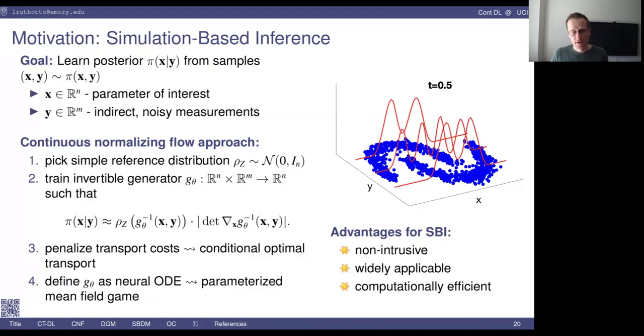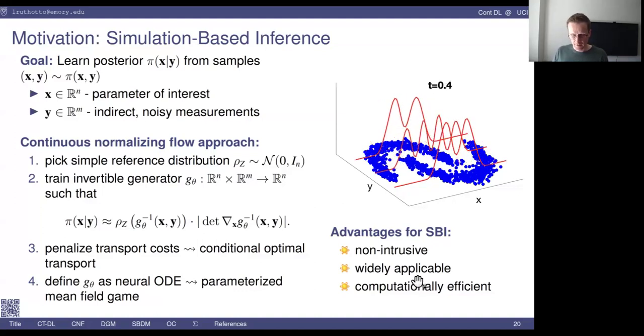You can simulate data from the joint distribution, but you don't necessarily can write down in a clean fashion what is the likelihood, what is the prior, and how does the posterior actually look like. So in these cases, the goal is to bypass the modeling and learn the conditional distribution directly.